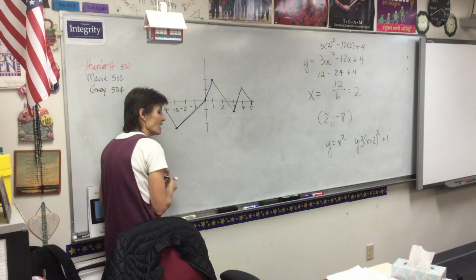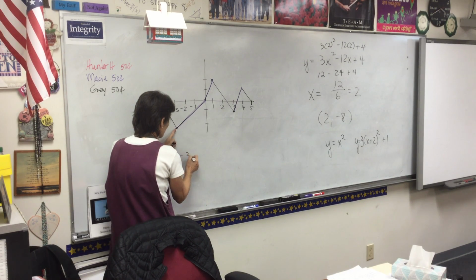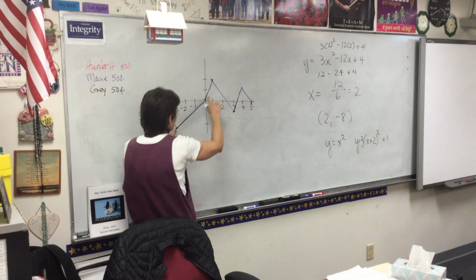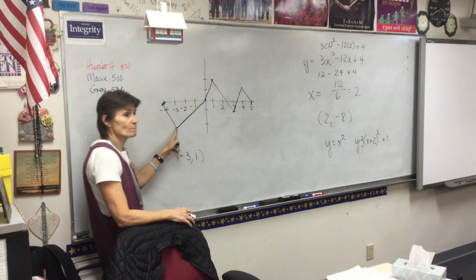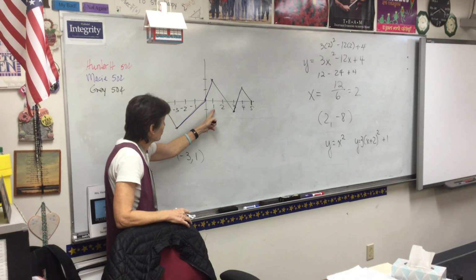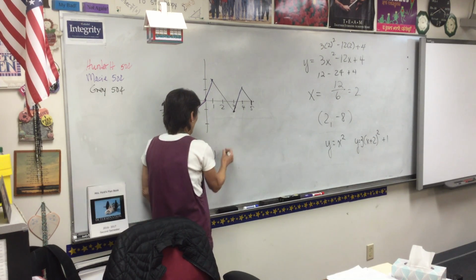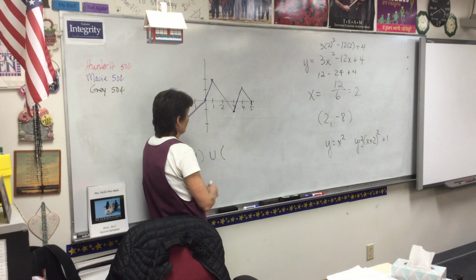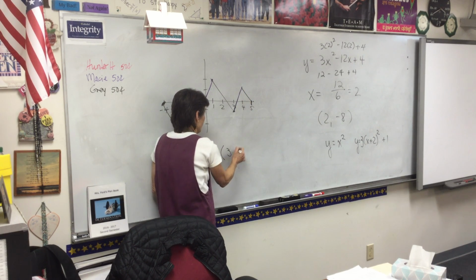All right, so I just write down the intervals. It starts going up at -3, and it stops going up at 1. So there's my first interval. Everything from -3 to 1 is going up. What else is going up? Everything from 3 to 4.